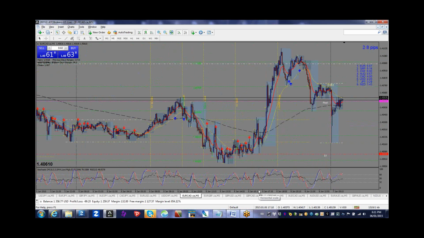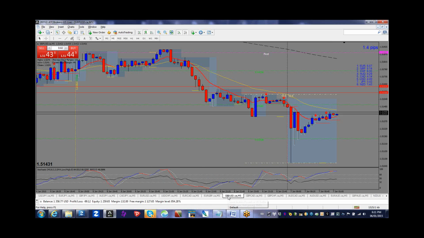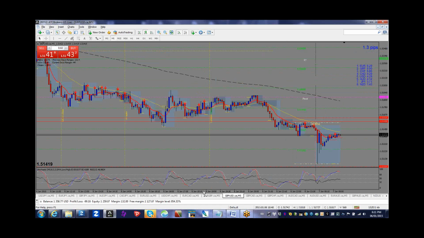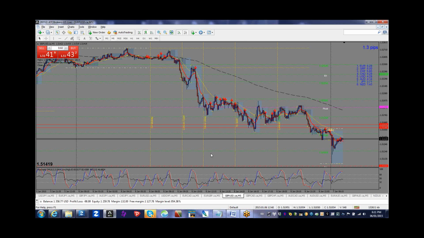Anyways, what you're looking at, you've got to make sure that you can see the price action. That's where you can see right there. If you make that chart smaller, you don't see the price action.